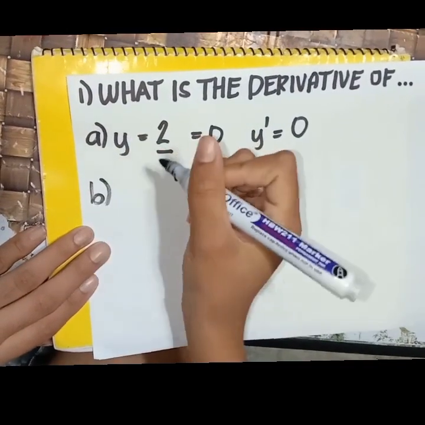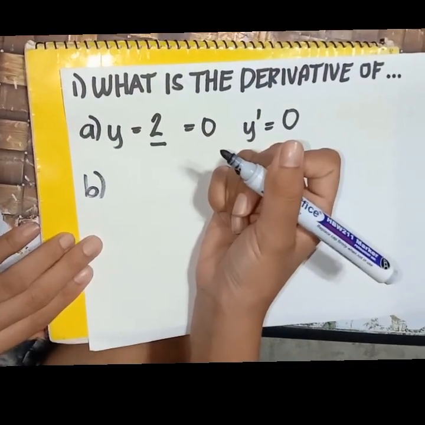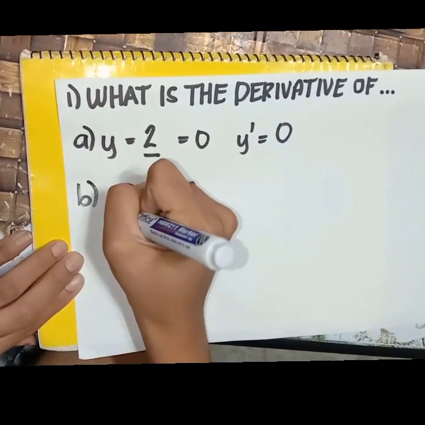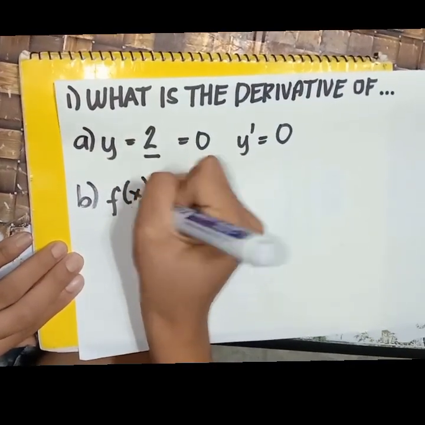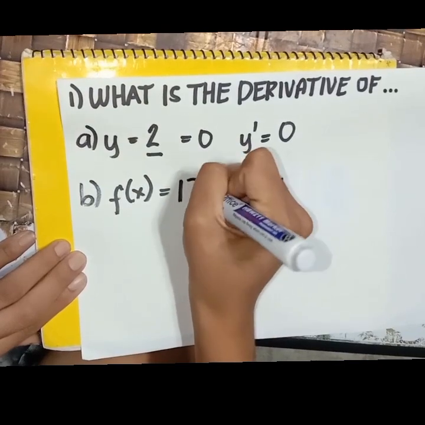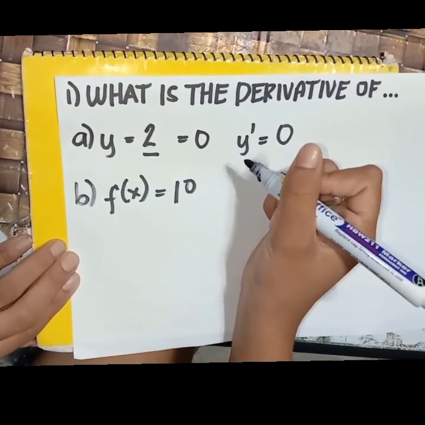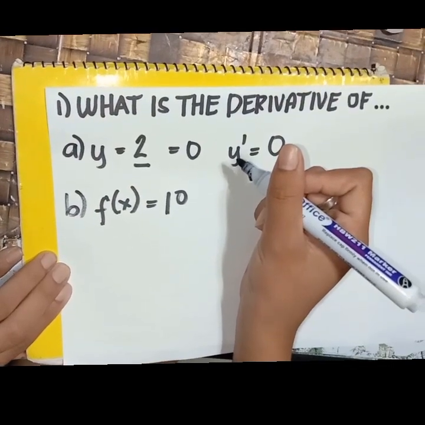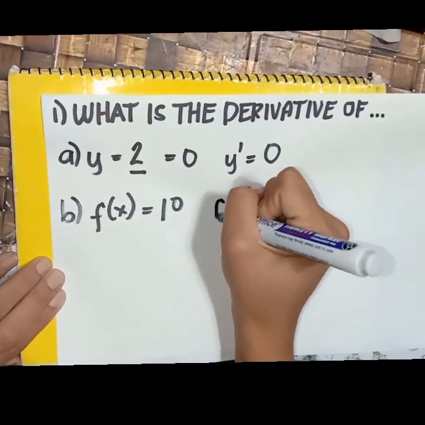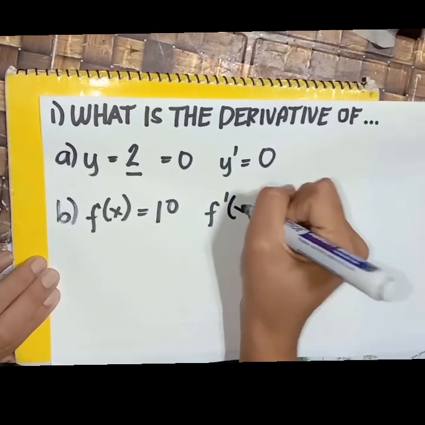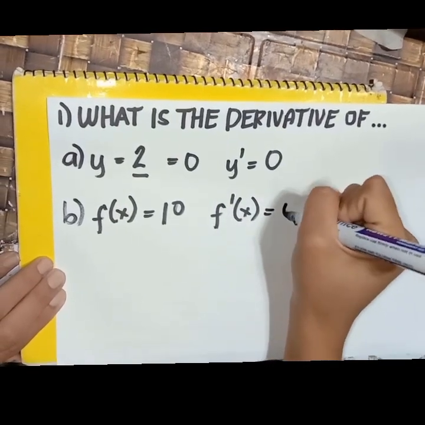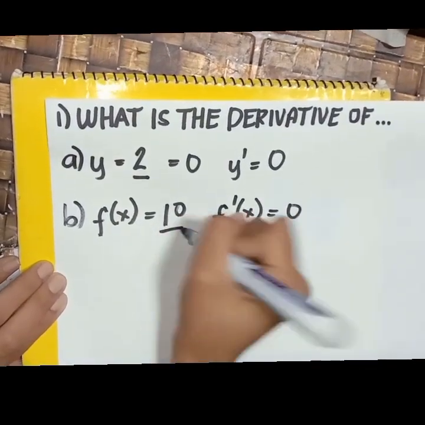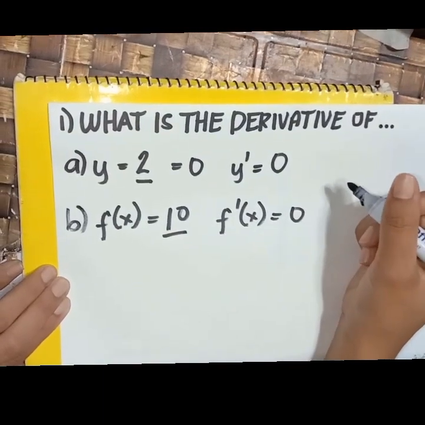Next, find the derivative of the constant function f of x is equal to 10. The first derivative of the constant function f of x equals 10 is f prime of x is equal to 0, since 10 is still a constant number.